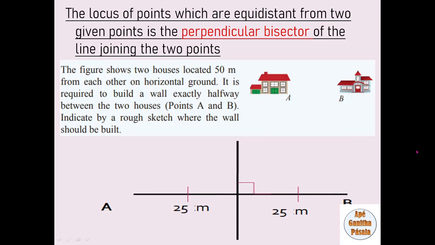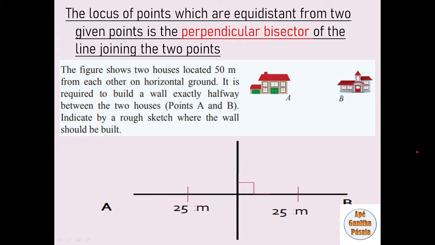Let's take an example. Here can you see there are two houses named A and B. The distance between the two houses is 50 meters. We need to construct a wall at equal distance from both houses. The figure shows two houses located 50 meters from each other on horizontal ground.